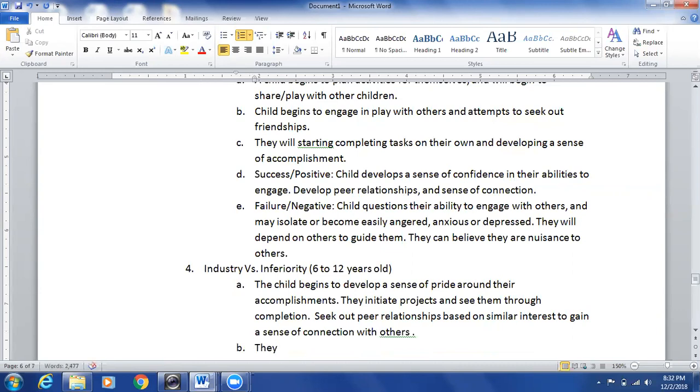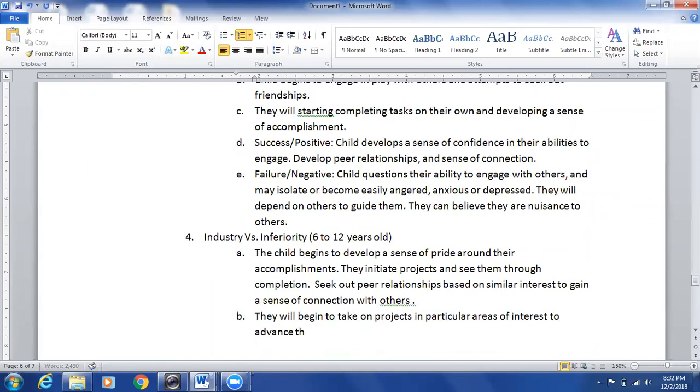Which also looks like they will begin to take on projects in particular areas of interest to advance themselves.